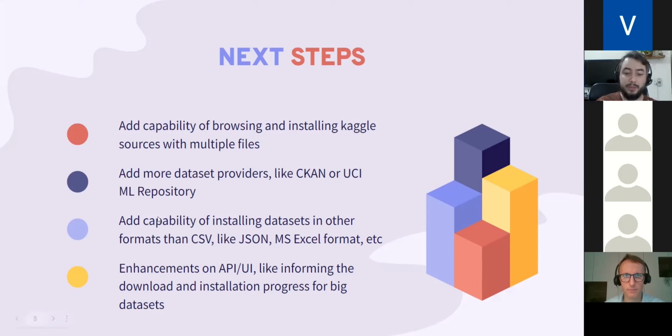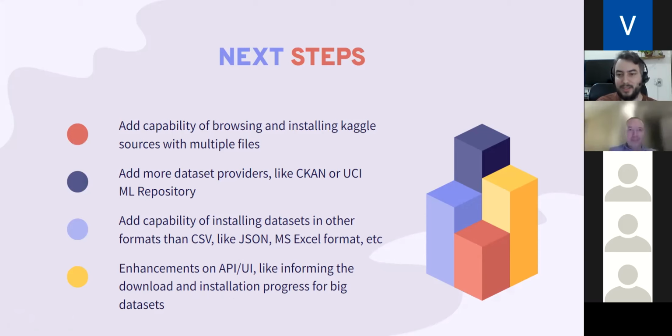Some enhancements on API and user interface are also welcome, like informing the download size, the progress of the file download, and installation progress. This would be nice for big data sets, and a lot of other minor steps here, because we just had 2 weeks to build the application, and of course there are a lot of other improvements. So that is it. Thank you for watching.